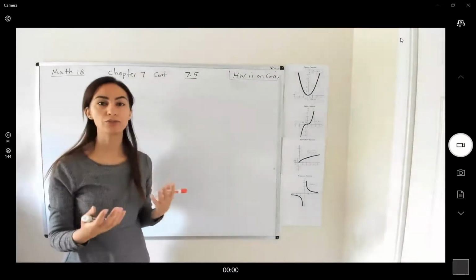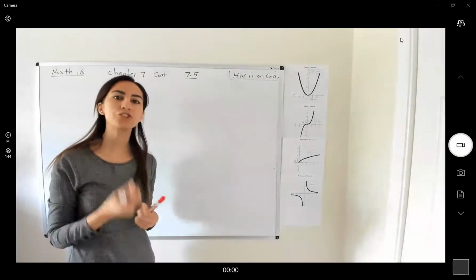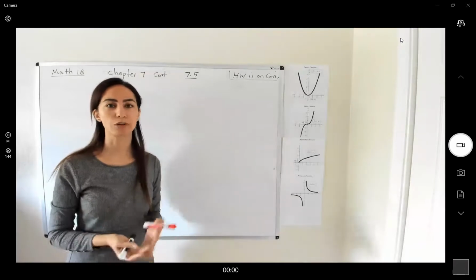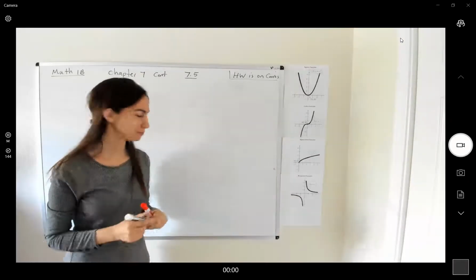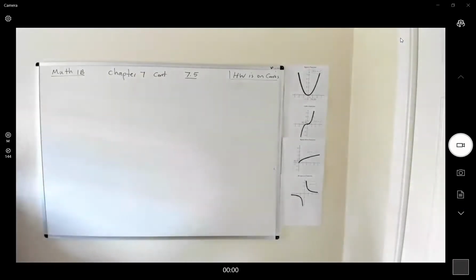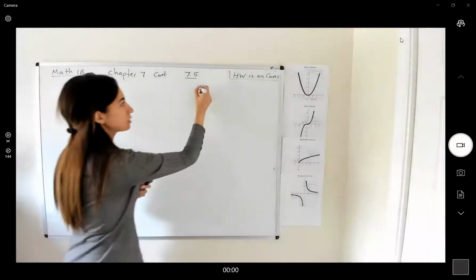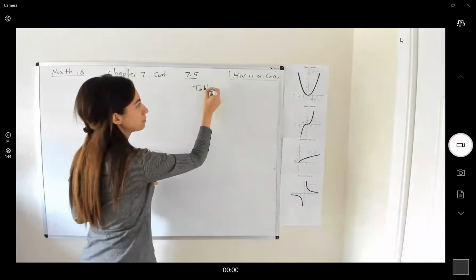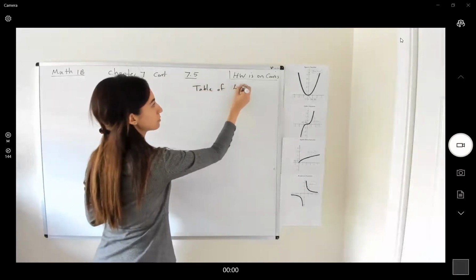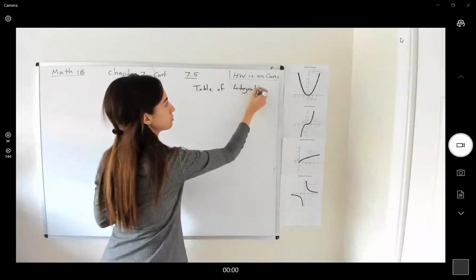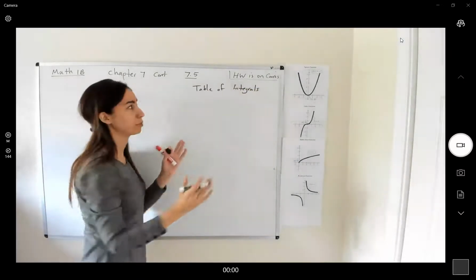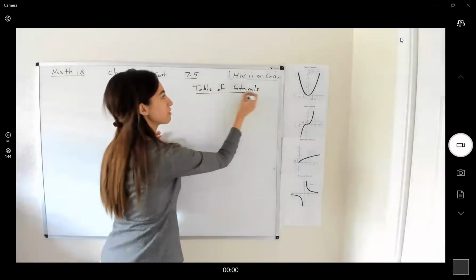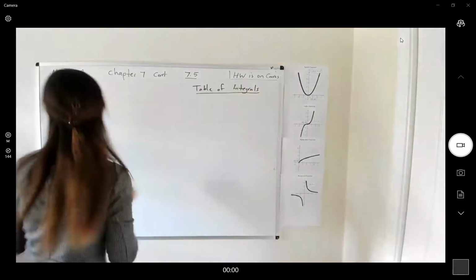Very well. In 7.5, we're going to check to see which technique works for an integral that we have. So first of all, the table of integrals. Let us wrap up everything that we learned, different techniques of integration, different formulas.